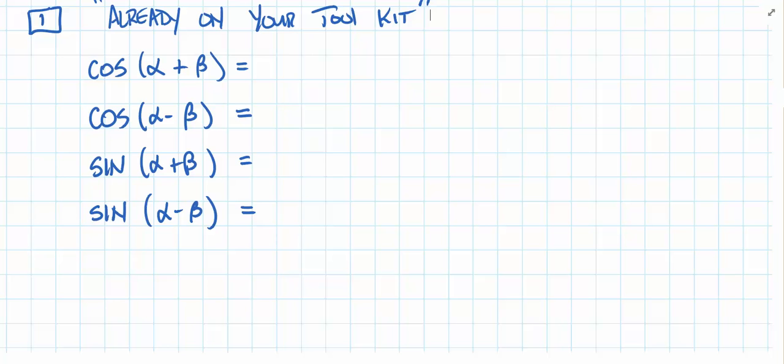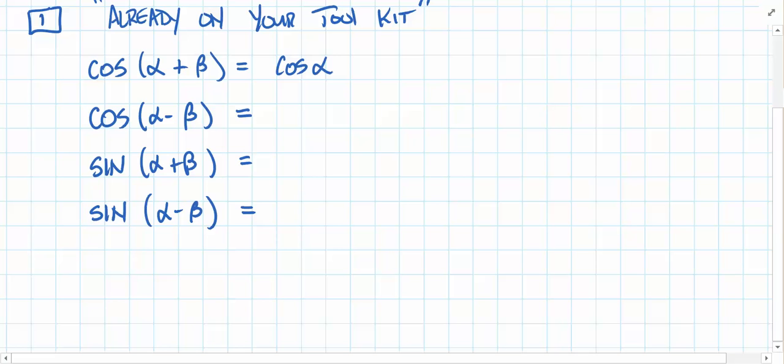So the cosine of alpha plus beta is equal to the cosine of the first angle alpha multiplied by the cosine of the second angle beta, minus the sine of alpha times the sine of beta. Notice it is not equal to just cosine alpha plus cosine beta.